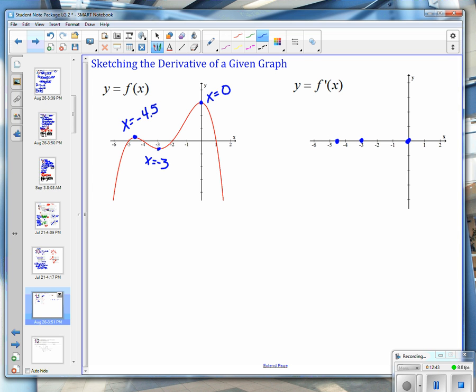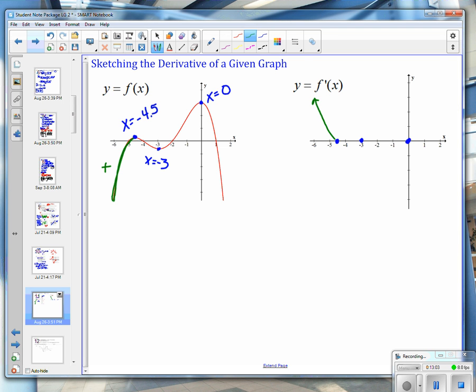Okay. Now we want to go through and see, all right, what's my slope? So now I'm just going to first look at this section right here. My slope is obviously a positive. So that means that my graph has to be positive, up above my x-axis.